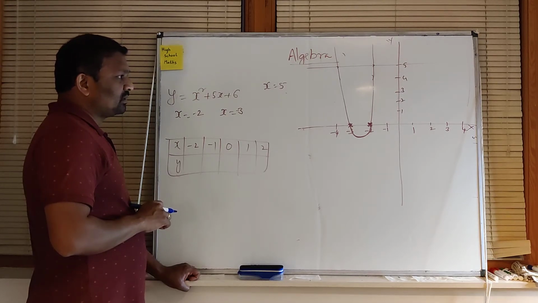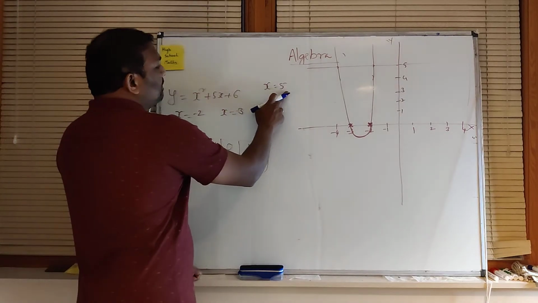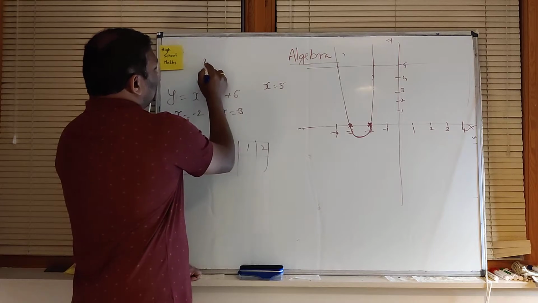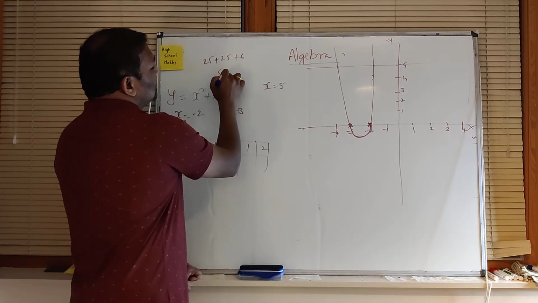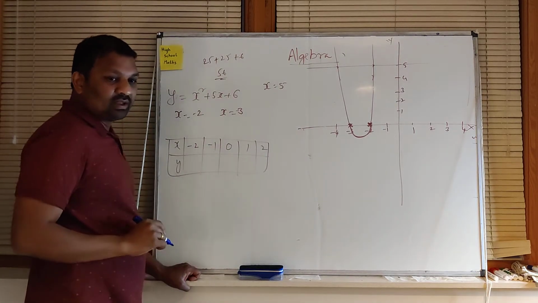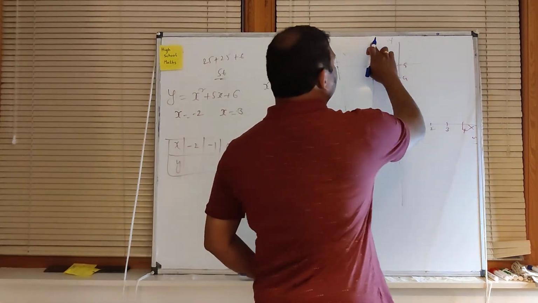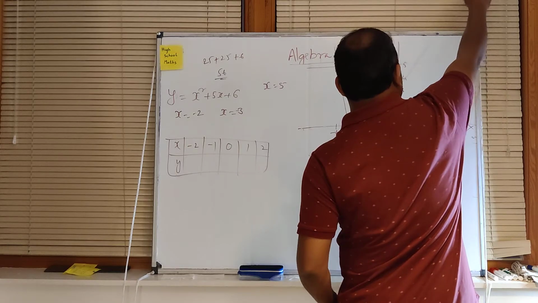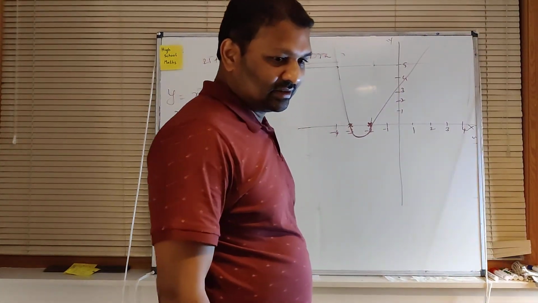Then how can we do it? Put the value of x as 5 here. 5 square is 25, plus 5 5s are again 25, plus 6, 56. You get the value of y as 56. So this will go up like this, 56.